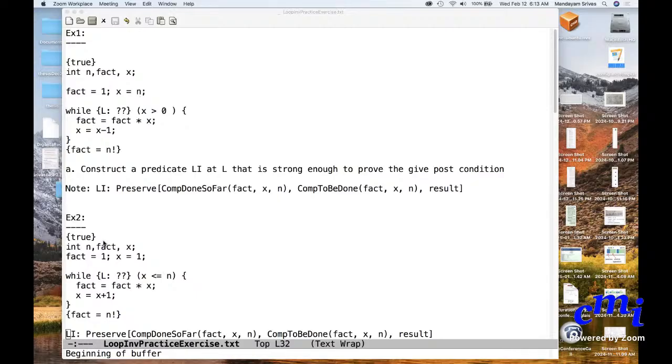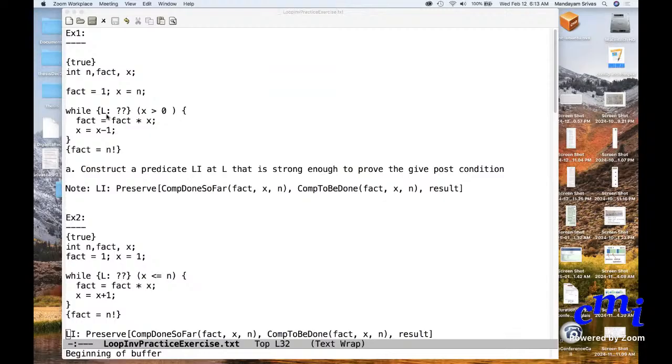Whereas the second example initializes the variable x to 1 and increments it up, accumulating the multiplication. Let me ask if anybody did take a crack at doing it.